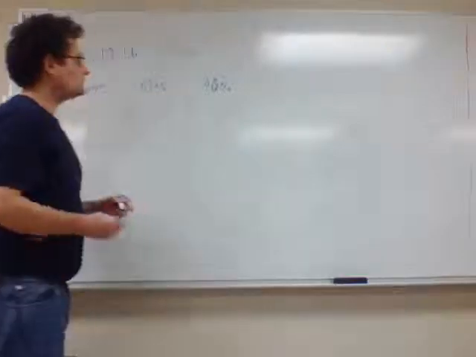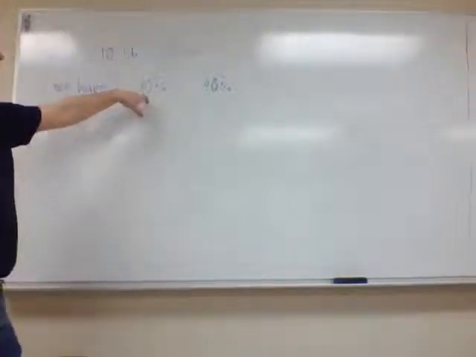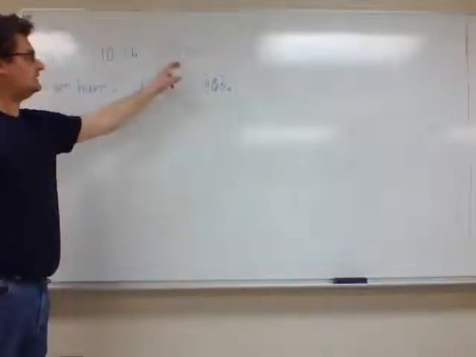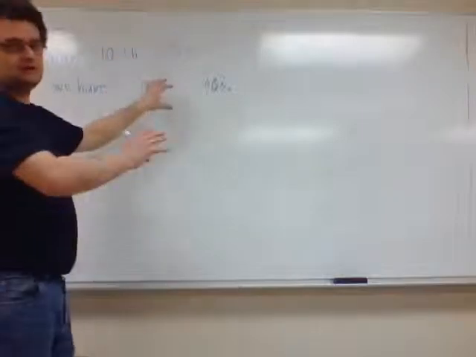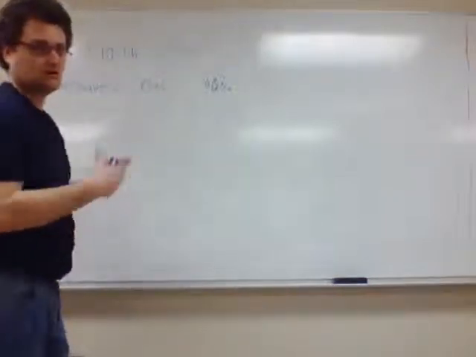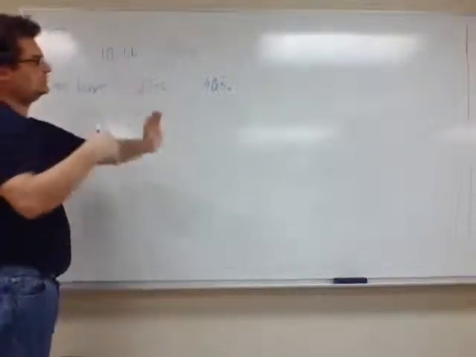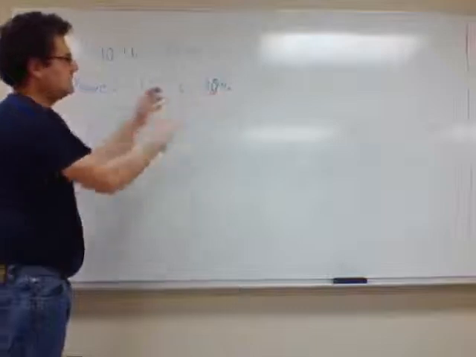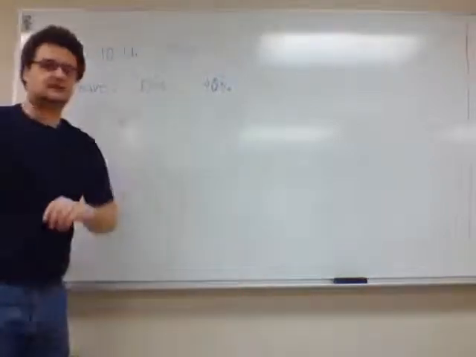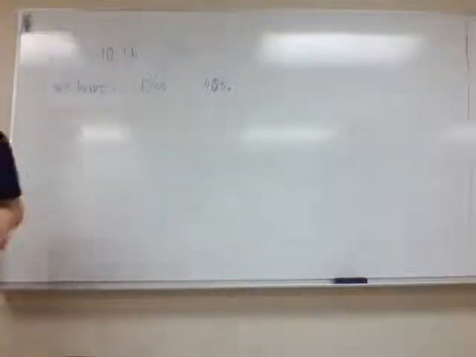Okay. Now it should be clear, since this percentage is lower than 25% and this is higher, that an appropriate contribution of this mixture and an appropriate contribution of this mixture will make another mixture with 25% of peanuts in it. So, how are we going to do that?